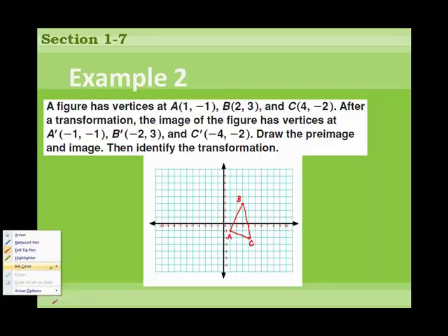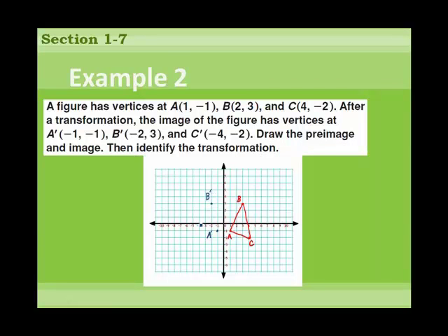And it says, after a transformation, the image vertices are at negative 1, negative 1, so that would be A prime. At negative 2, 3, so this would be B prime.